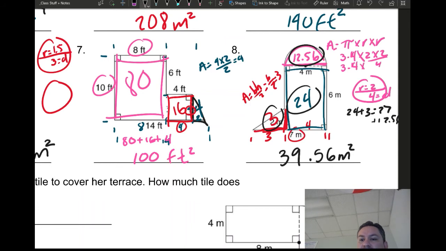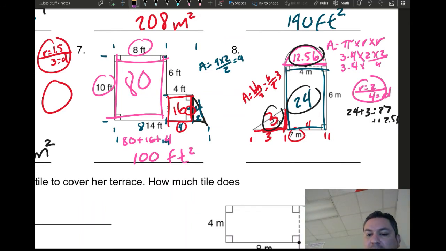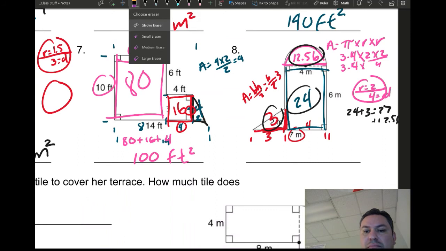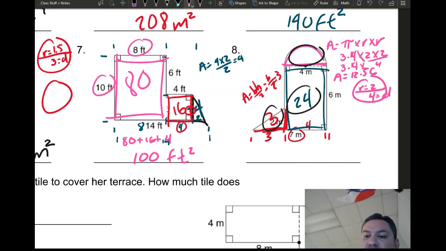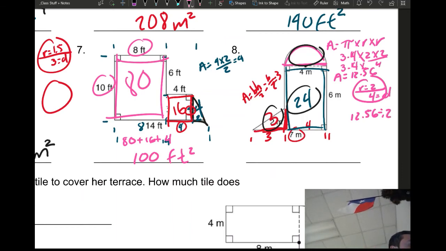Again, it's important, wait, I made a mistake because I found the area for the whole circle. However, I only have half a circle, so 12.56 divided by 2 is 6.28.